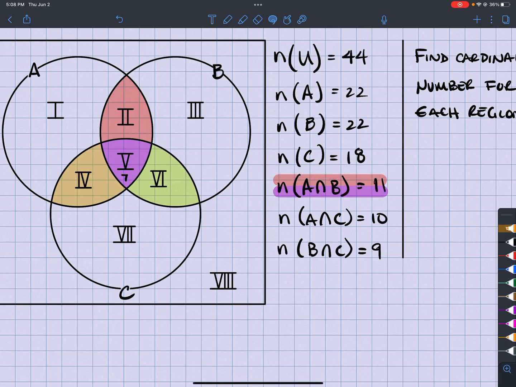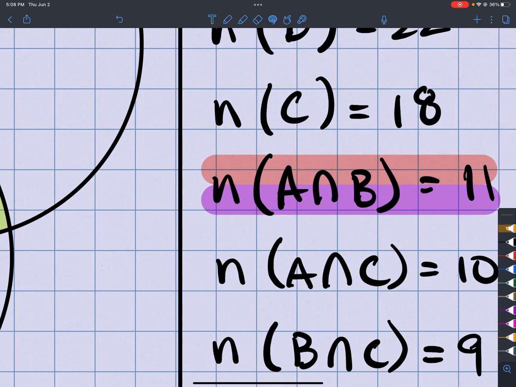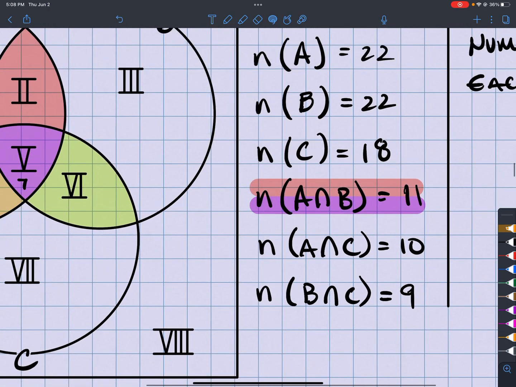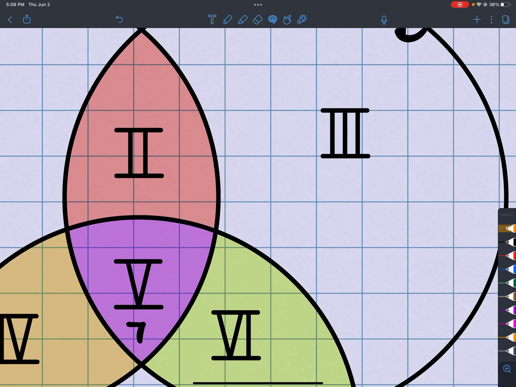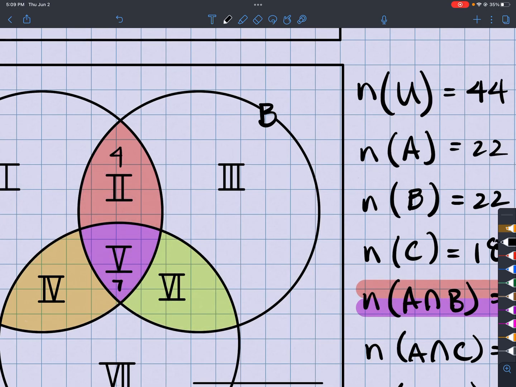Okay, so the purple and red is going to have 11. So if this right here has 11 and this has 7, how many does this have? Well, if the whole thing is 11 and part of it is already 7, wouldn't the rest of it just be 4? Right? So that part's going to be 4.